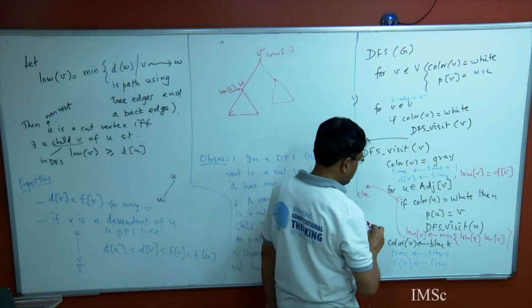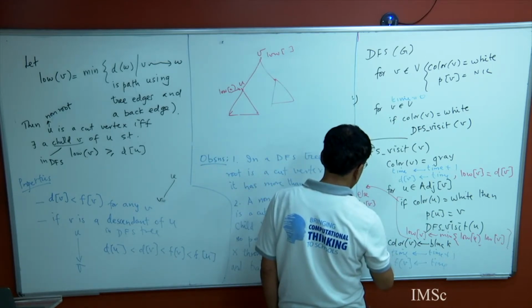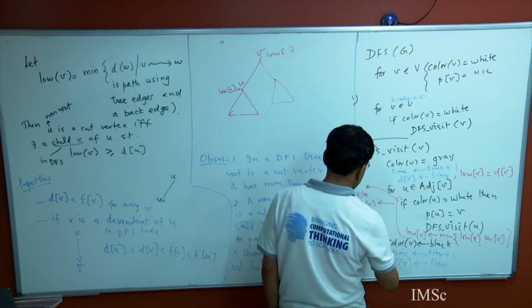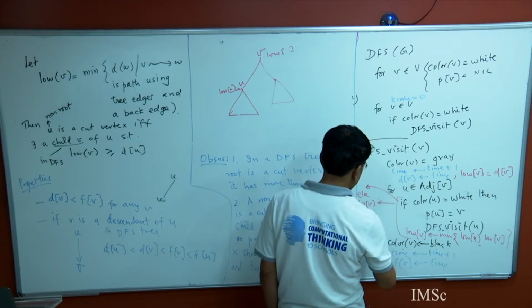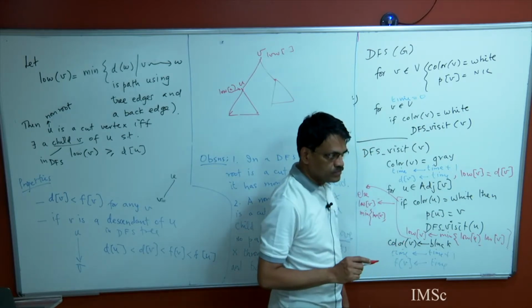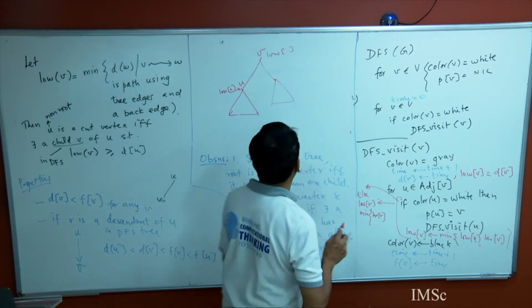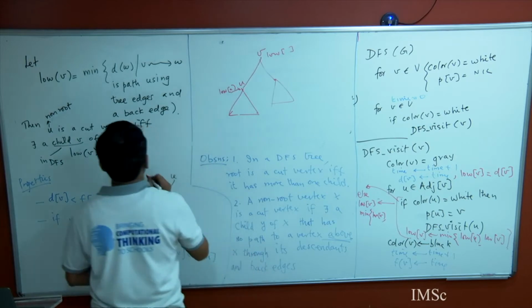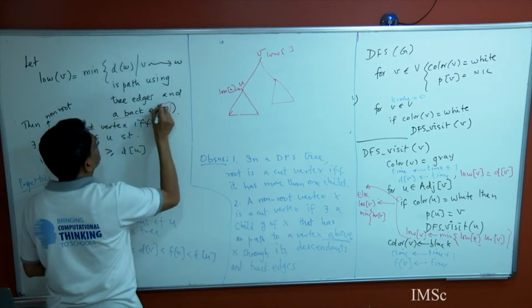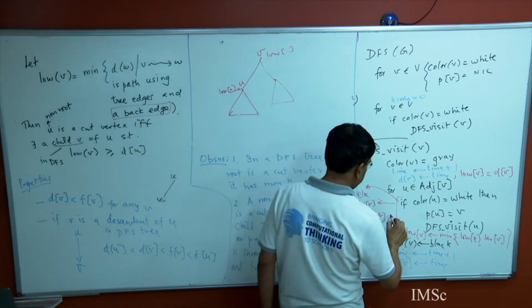So I will update low of V to minimum of low of V, comma, not low of U. Okay, I should use a back edge, and I'm allowed to use only one back edge.